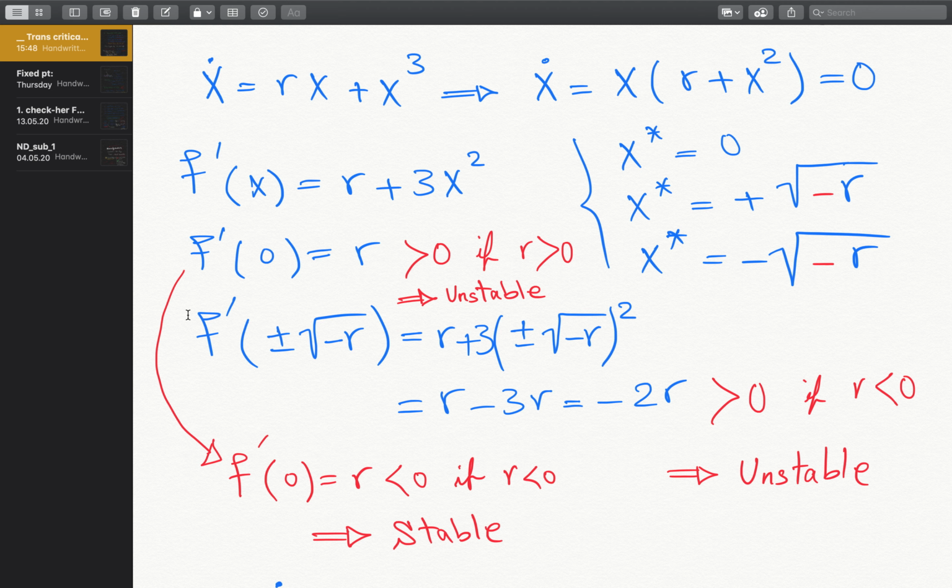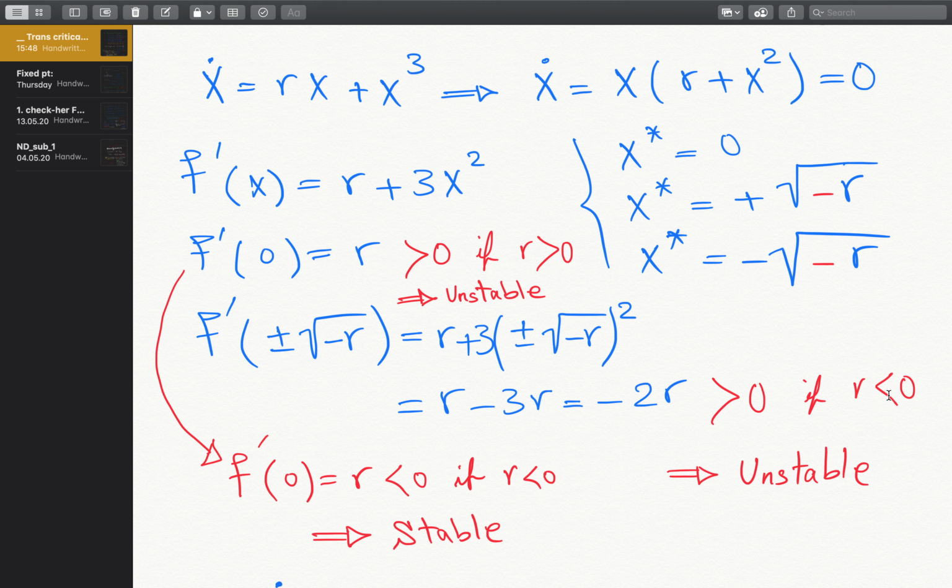However, here, if you want to calculate the f prime of this family of fixed points, positive and negative square root of minus r, it is going to be r plus 3 times positive and negative square root of minus r, squared. So the positive and negative vanish because of the square, and the square root also vanishes because of this power, and you will have r minus 3r, which is minus 2r.